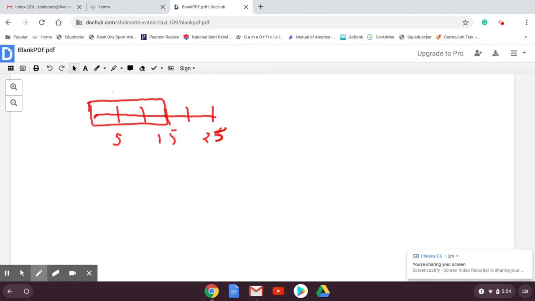Well, if they get in there anytime from time 0 over here to time 15, you'll notice if they get there at time 15 or beyond, they will have a 10-minute wait. So we're trying to find the probability that they will have to wait for at least 10 minutes, which means they would have gotten there at time 15 or before.